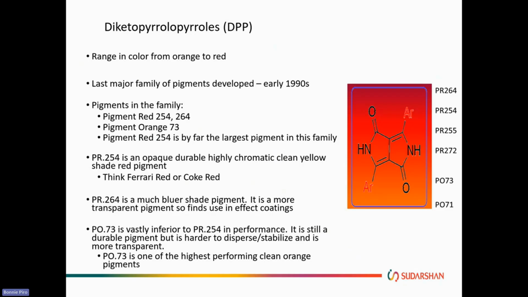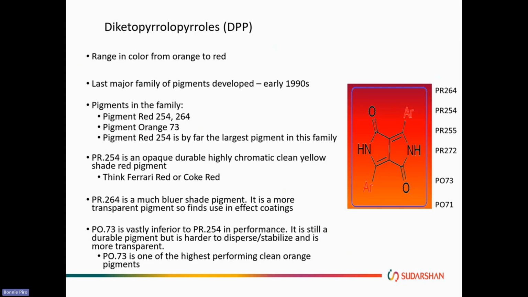Some history we've already covered in the previous slides, just a little bit about where they fit in. So 254, the easiest way to think of red 254 is think of Ferrari red or Coke red. That's a good way to visualize where that color space fits.